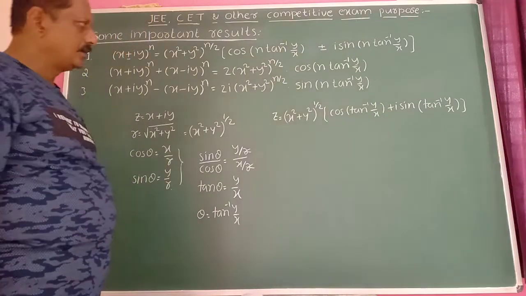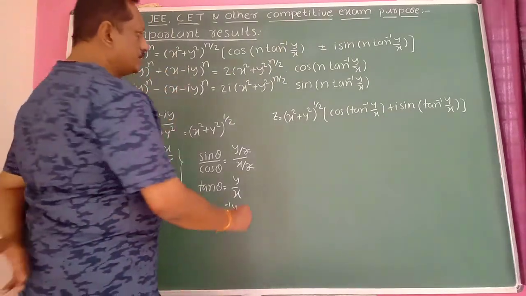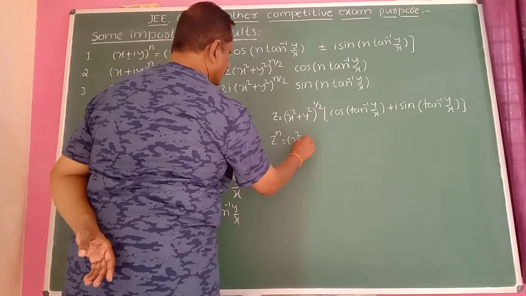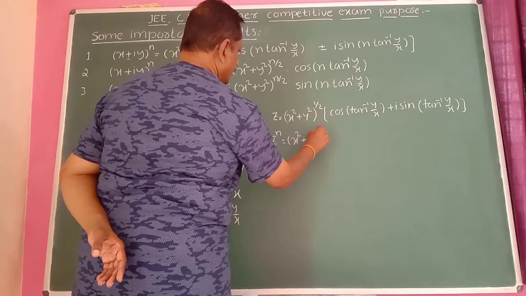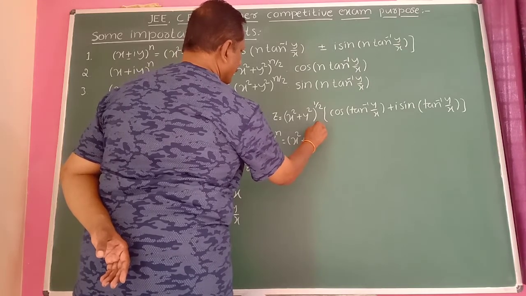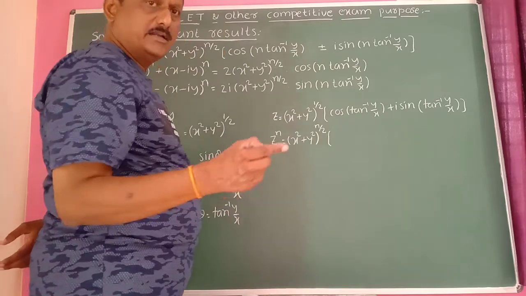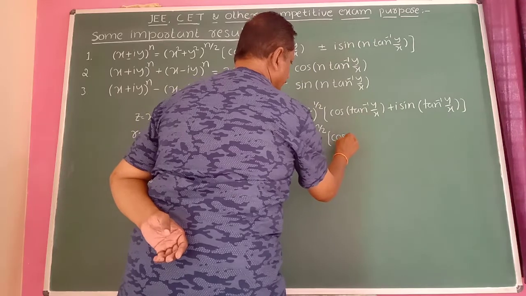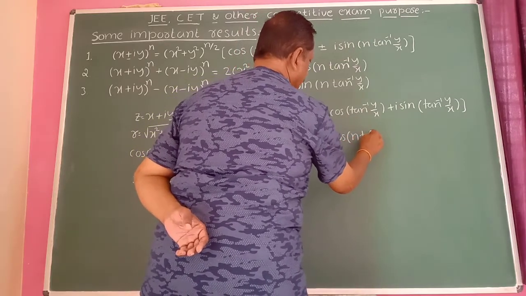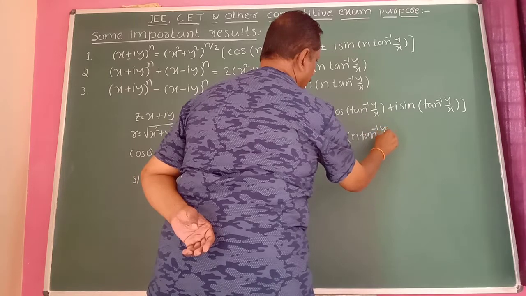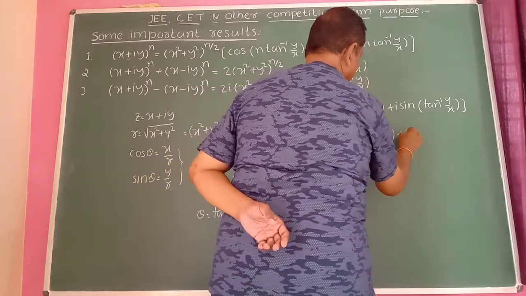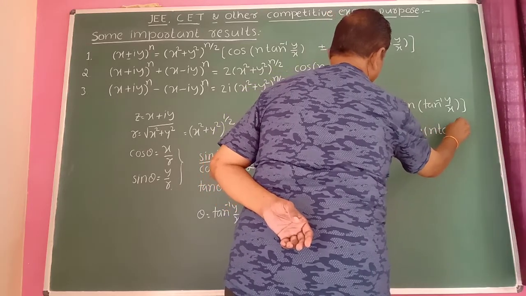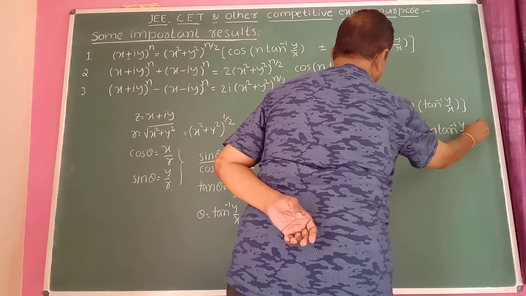Theta is this here. Then take z raised to n. So z raised to n is equal to x square plus y square raised to n divided by 2 here. Then use De Moivre's theorem, raised to n, take n inside. So it becomes cos of n tan inverse of y by x plus i into sin of n tan inverse of y divided by x.